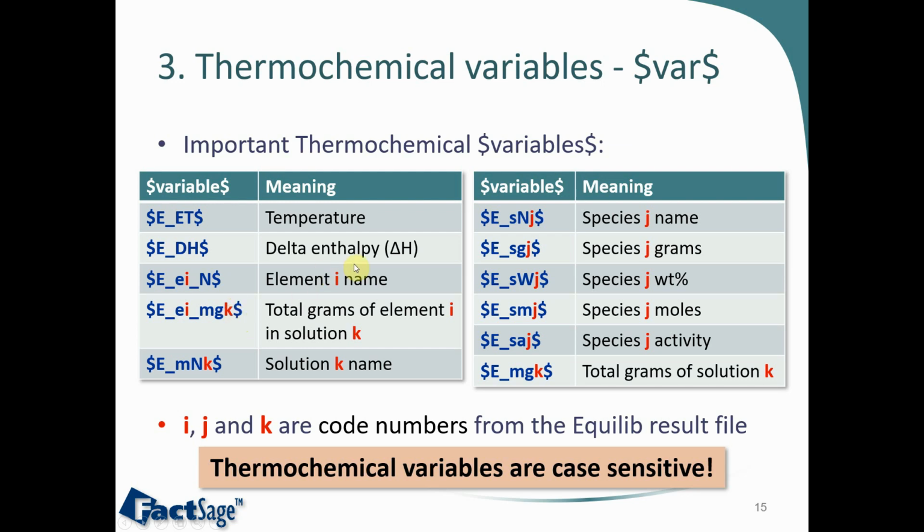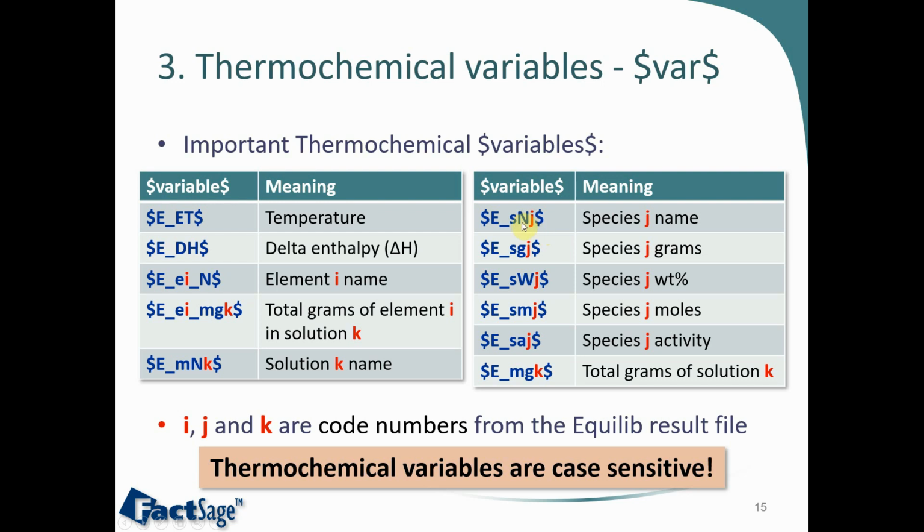For species in solutions or pure compounds, we designate them by the lowercase s. So we still have the uppercase E to designate the equilibrium value, and then lowercase s to specify a species.